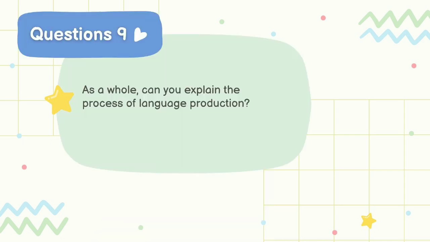Number nine, as a whole, can you explain the process of language production? Language production consists of several stages. The first is conceptualization, where we develop an idea or intention to communicate. The second is formulation, where we select the appropriate words and organize them into sentences using syntactical knowledge.